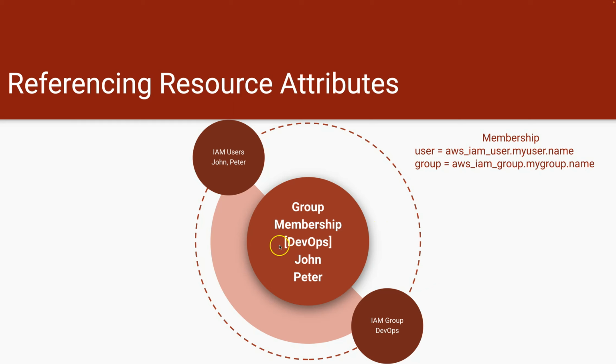Let's say I am defining this membership, where I want to have a relationship between a group and users. I am saying that the membership's user is whatever the resource type, in this case aws_iam_user, whatever name I have defined for my user, dot. This is the reference or attribute, and I am referencing the name attribute of this resource.